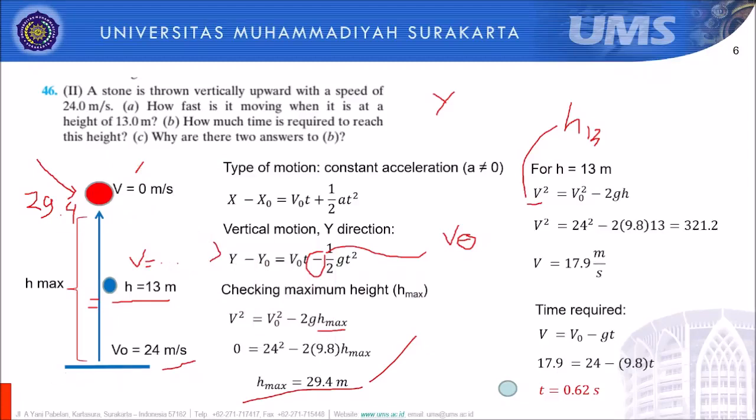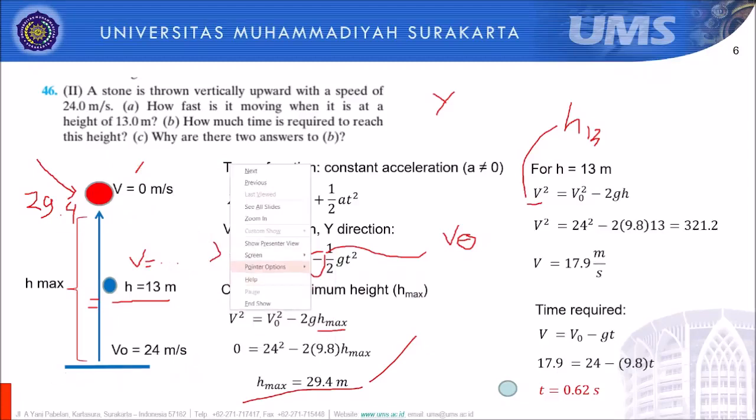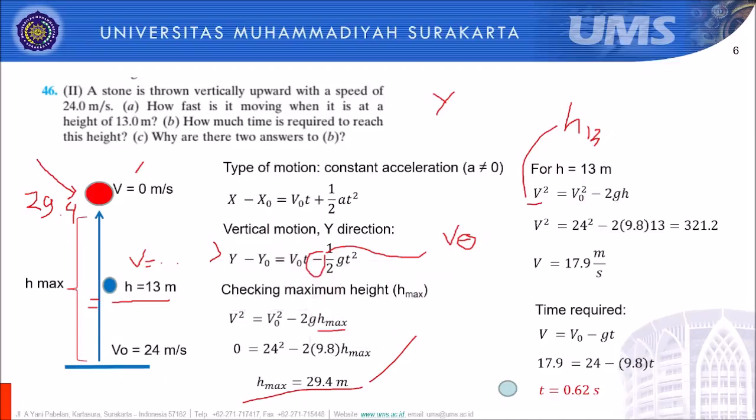Then you put here, this is A, the maximum is C, this maximum point, and this is B. What we are calculating here is the position of B. So VB here is 24 squared minus, so we have VB equal to 15.9.